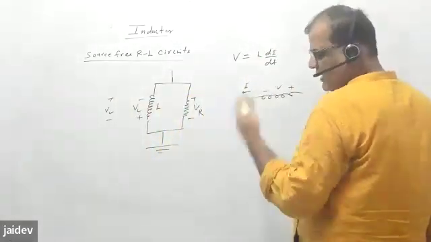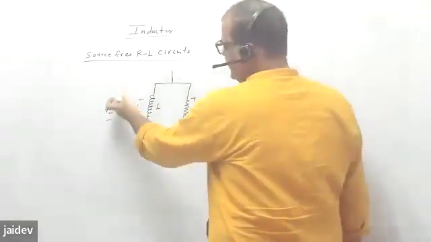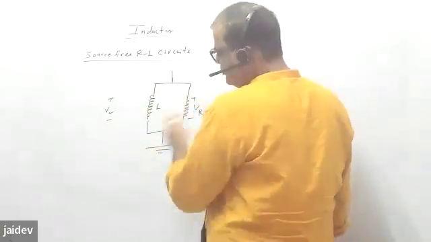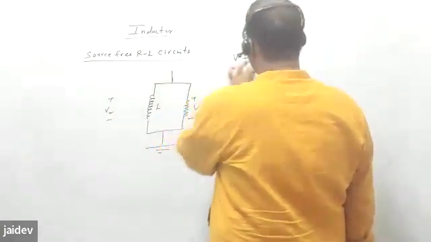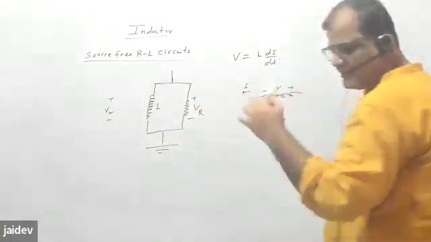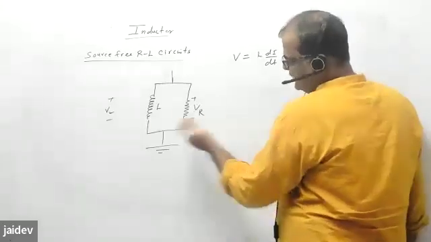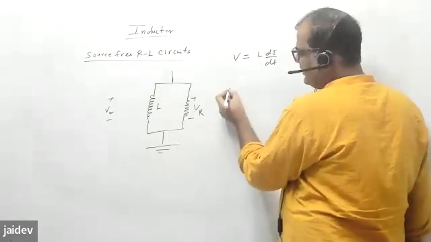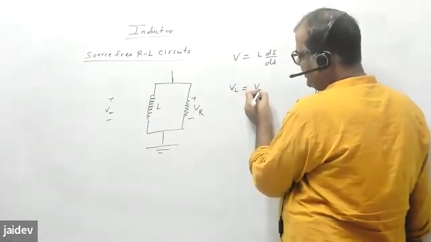Either you keep this VL equal to VR, because the voltage across both is always the same, as both are in parallel. But then here you understand this di by dt is negative, because now the current is decreasing with time. So you can apply KVL and directly write VL equal to VR.